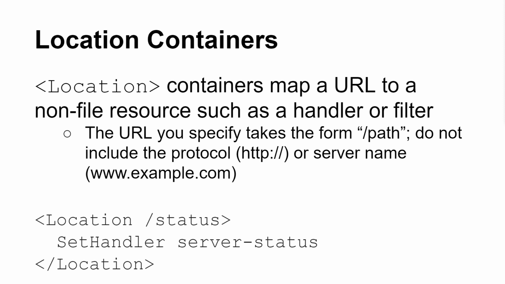It'll run a script and give some information back about the instance of Apache that's currently running. So again, Location is similar to Directory and Files, but instead works on the requested client URL and not on any particular file system path inside of Linux itself.